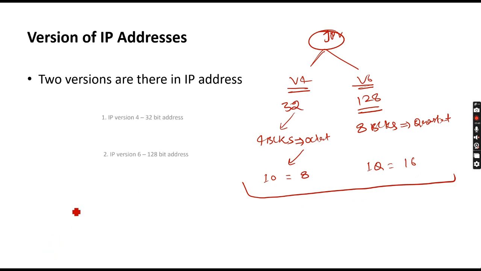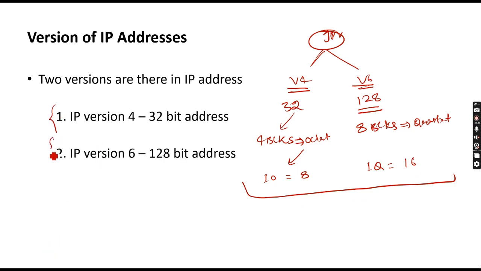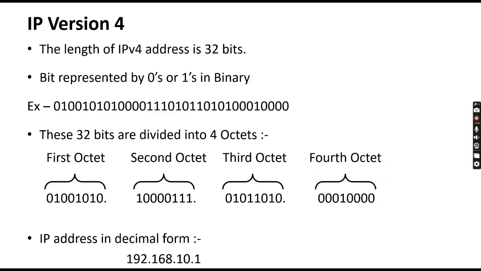Okay, so that is the same thing explained, IP version 4 and IP version 6. Right now we are going to discuss the details, where IP version 4 will get the detailed discussion. Fine. As we discussed, the length of IP version 4 is 32 bits of address, represented in binary, which is zeros and ones.